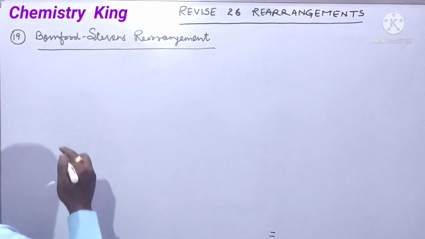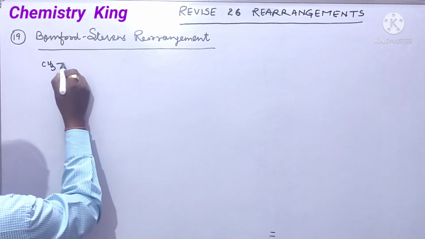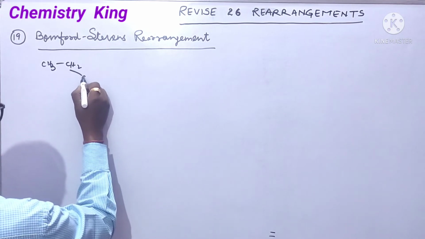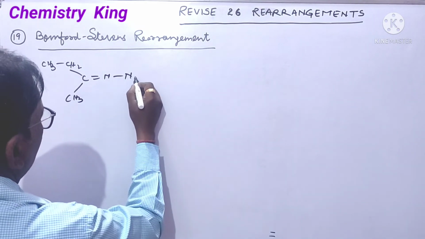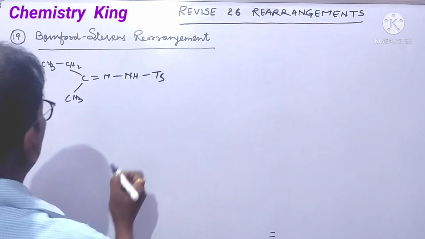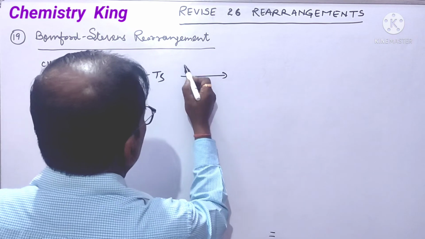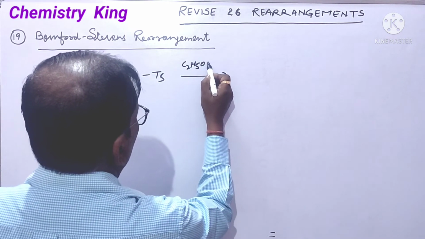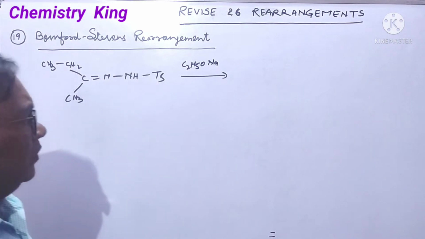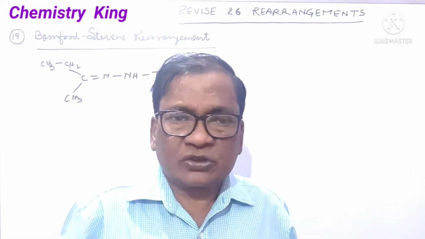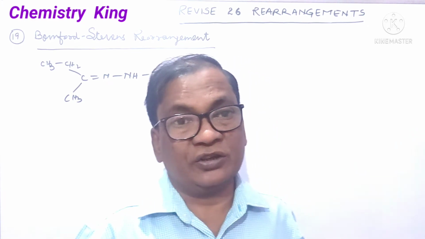When a tosyl hydrazone, right here, CH3, CH2, C, CH3, double bond N, NHTs, is heated with sodium ethoxide in presence of protic solvent or aprotic solvent, more alkylated alkene is formed.